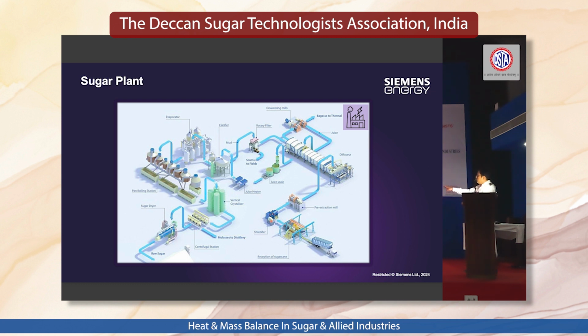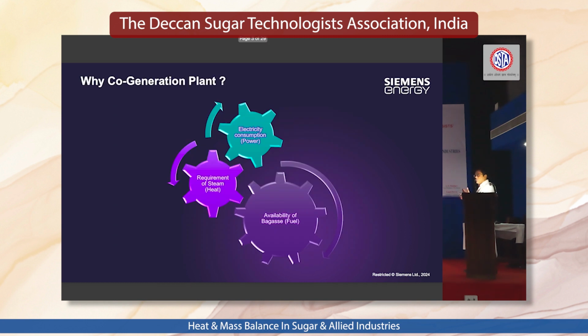For many other plants the fuel is coal or some other fuel that needs to be arranged for electricity generation or process steam generation. But for a sugar plant, the inherent benefit is that the fuel is the byproduct of the process, and there is a requirement of electricity in the sugar mills, and also a requirement of steam in the evaporator and other processes. So all these three combined encourage the cogeneration plant in the sugar plant.